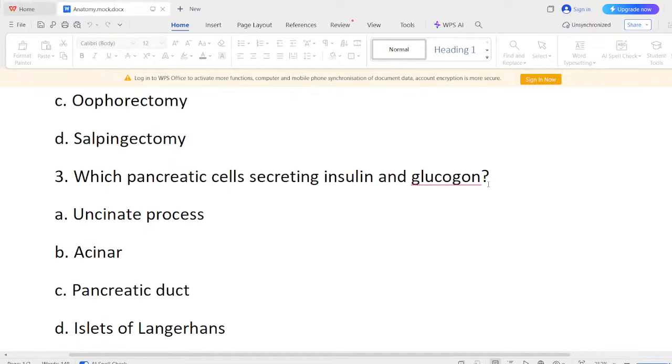Third one. Which pancreatic cell secretes insulin and glucagon? Uncinate process, acinar, pancreatic duct, islets of Langerhans.